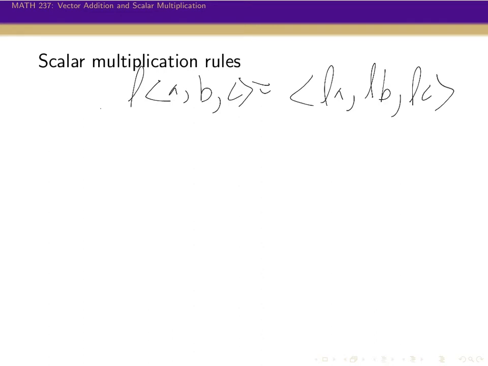This L here is what's called a scalar. Why does it make sense to call it a scalar? Well, what's L doing? It's not really changing the direction other than flipping it into the opposite direction if it's negative. So if it's positive, it's keeping it the same direction, but it is stretching how long it is.